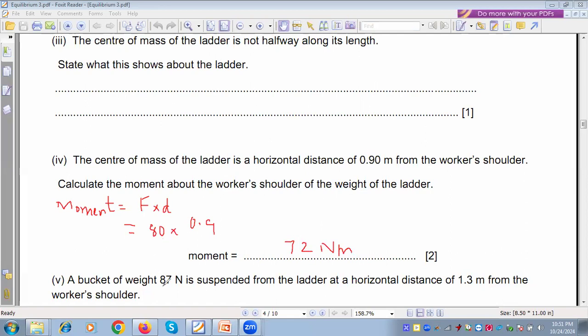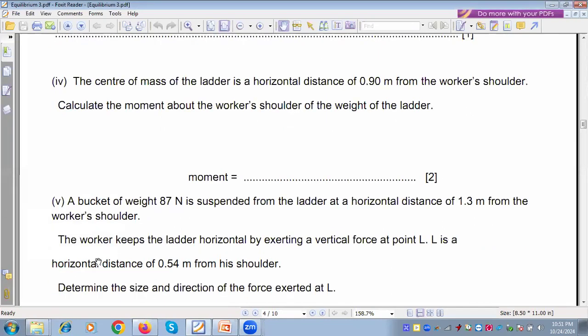The bucket of weight 87 Newton is suspended from the ladder at a horizontal distance of 1.3 from the worker's shoulder. So its perpendicular distance is 1.3 meter. The worker keeps the ladder horizontal by exerting a vertical force at point L. L is a horizontal distance of 0.5 meter from his shoulder.